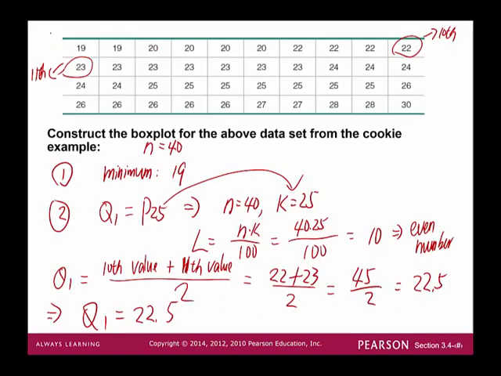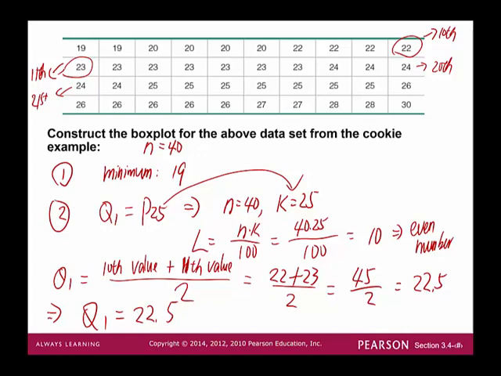Okay. Now we're going to move on to quartile 2. So quartile 2 is the same thing as the median. That's the third number we're looking for. And you can go back to the table one more time. The median must be between the 20th data value and the 21st data value.